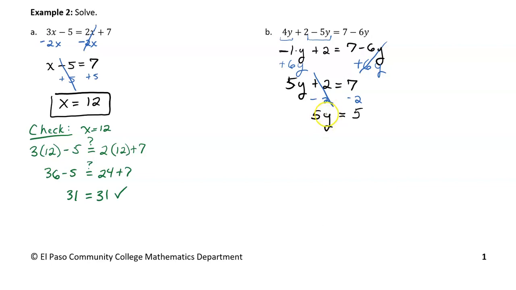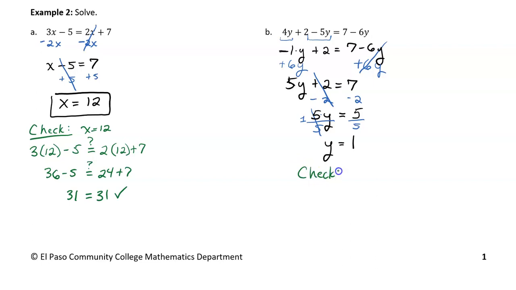Again, this 5y, it's really 5 times y, and we undo multiplication with division. So that 5 divided by 5 becomes a 1. We reduce it down. 1 times the y is just y. And then it just so happens on the right-hand side, 5 divided by 5 also ends up giving me the 1. And then we'll check.